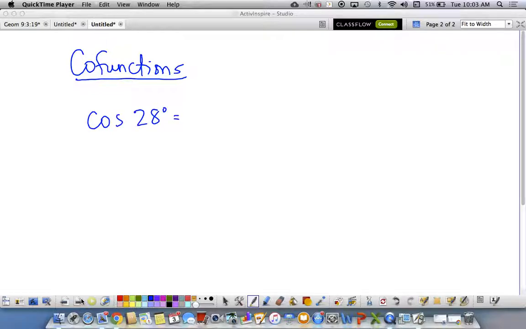Co-functions. What are co-functions? Well, they're reciprocals of the actual function. No. Sine, cosine. There's nothing that's reciprocal. So it's like cosine of 28 degrees equals what? Sine of 90 minus 28.